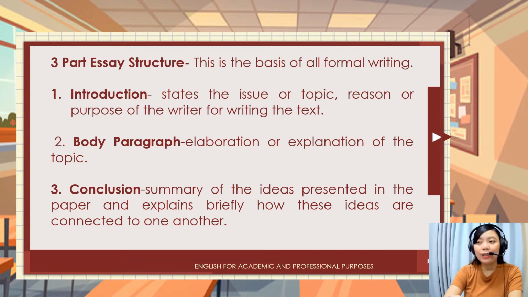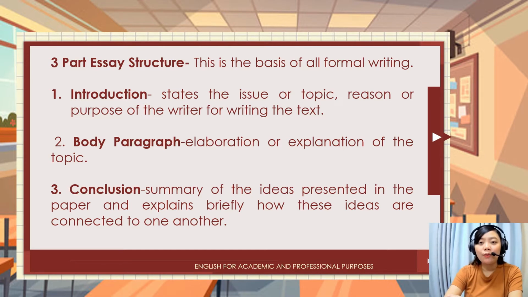Unlike in creative writing, where some introductions do not observe this, since we are under academic text or EAPP, you have to state the issue or topic head-on in the introduction part. Number 2 is the body paragraph, the elaboration or explanation of the topic.